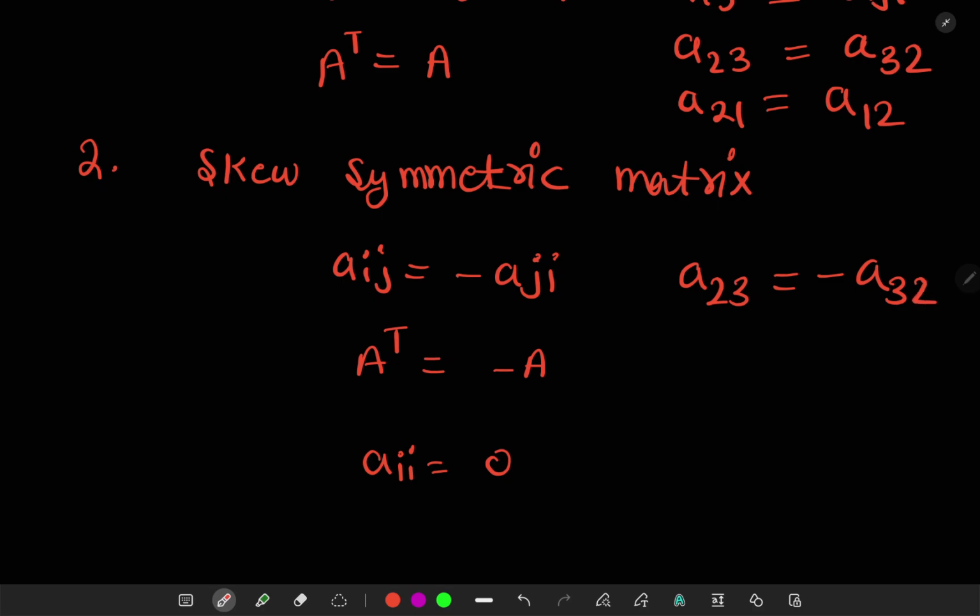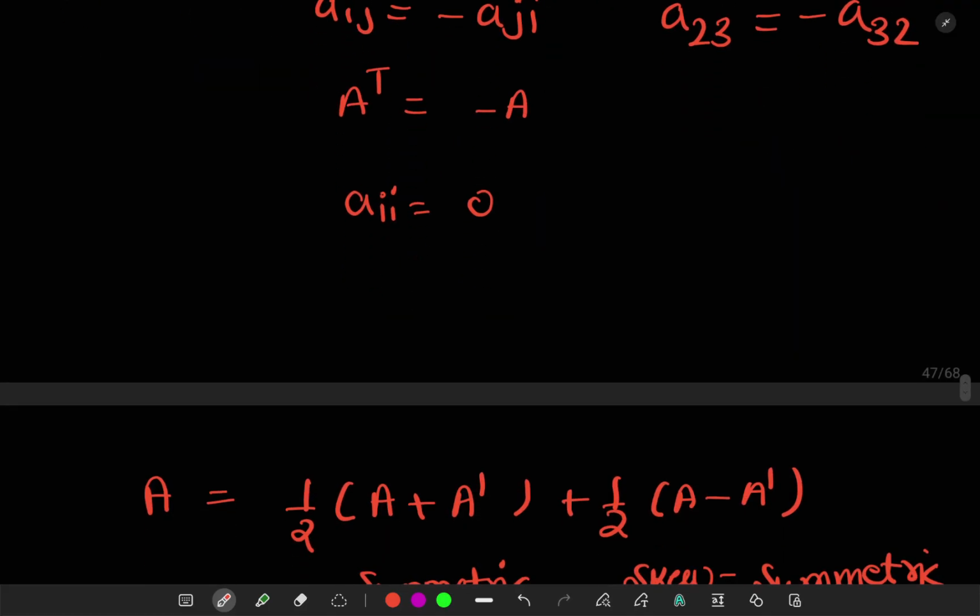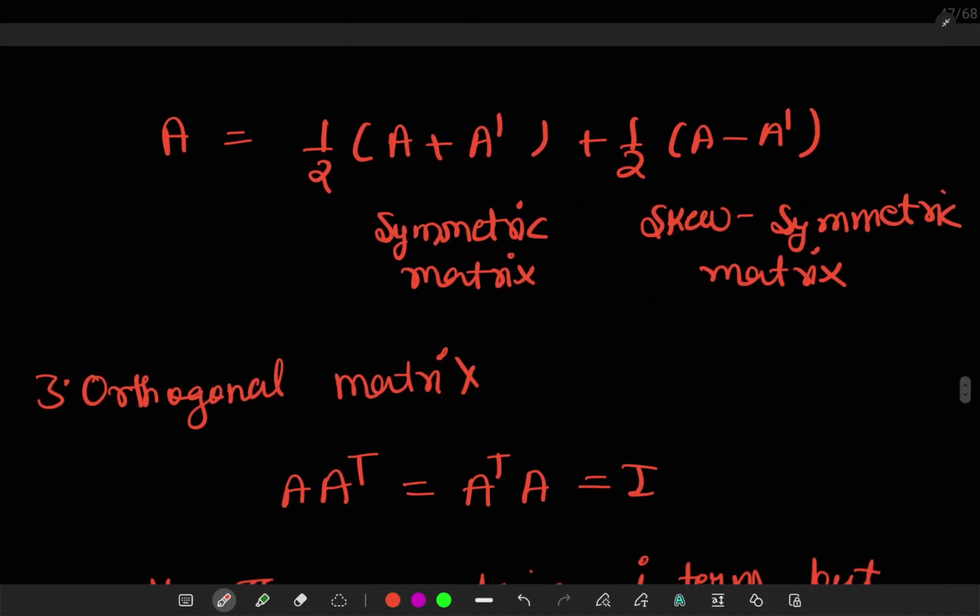If we take transpose of a skew symmetric matrix, we get a minus sign on the matrix. Here their diagonal elements are 0 or purely imaginary. Now this is the important relation for a square matrix.